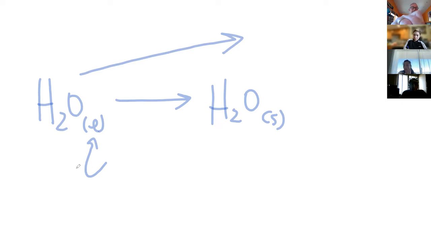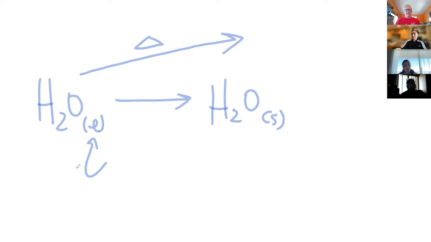And when we add heat, we put a little triangle there, usually to indicate the addition of heat. What are our products when we add heat to liquid water? So if we remove heat, we get a solid.